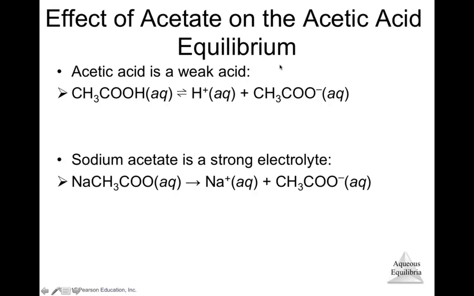And this acetate will increase the concentration of acetate in equilibrium. So it will be affecting the equilibrium, and this will shift the equilibrium to which side, the left or the right side? If we are increasing this concentration, we will like to decrease that concentration to reach equilibrium again, so that we'll shift the equilibrium to the left.